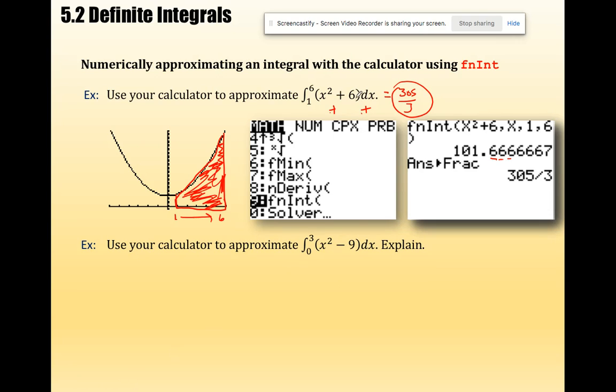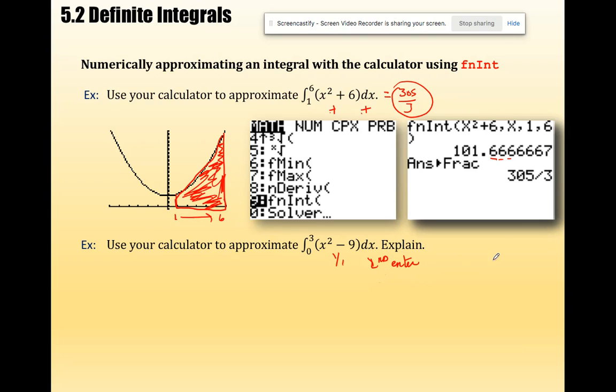Now, the nice thing about putting this function into Y1 is that you can just go change your Y1 function and then go back, quit to your home screen and hit second enter. And it pops up what you just had, right?